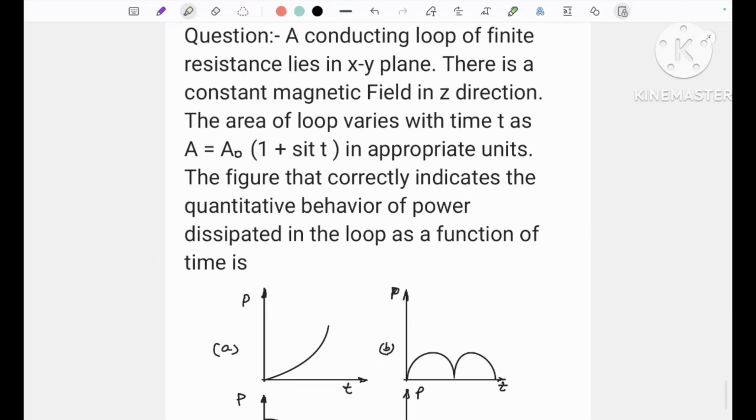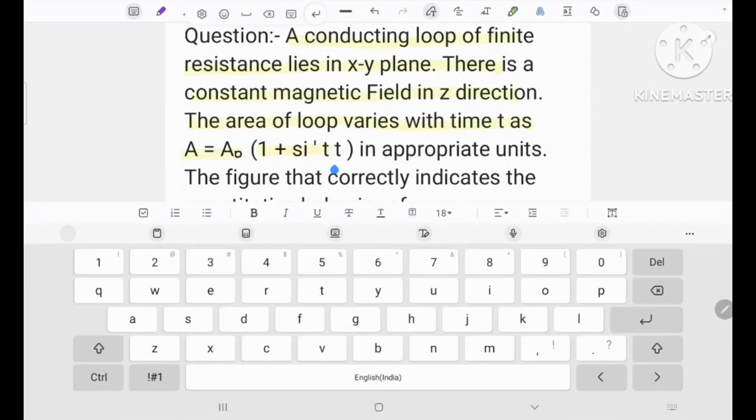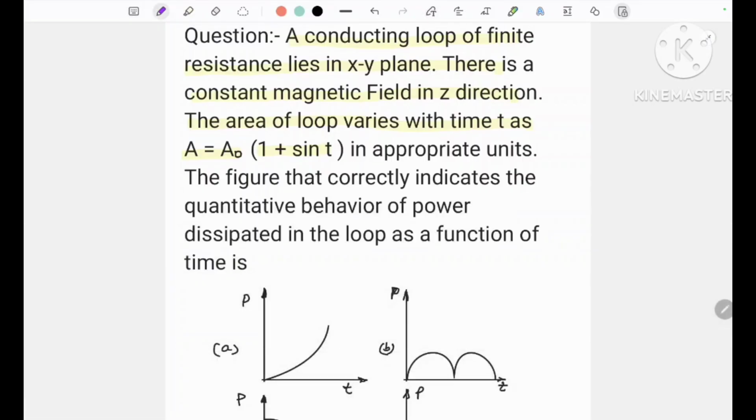Next, a conducting loop of finite resistance lies in xy plane. There is a constant magnetic field in z direction. The area of loop varies with time t as A naught into 1 plus sin t in appropriate units.